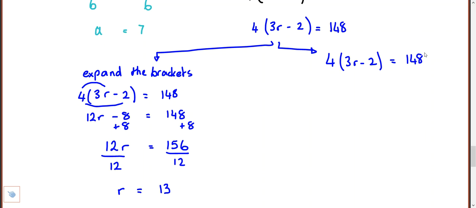So the first thing to be undone is the times by 4, and we do it by dividing by 4. So let's divide it all by 4.